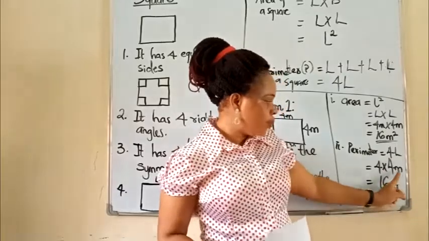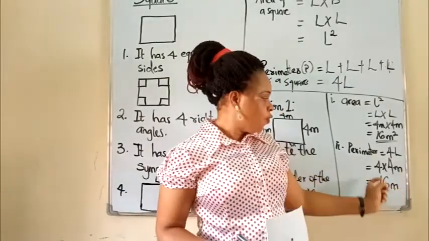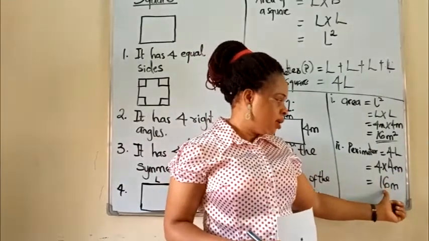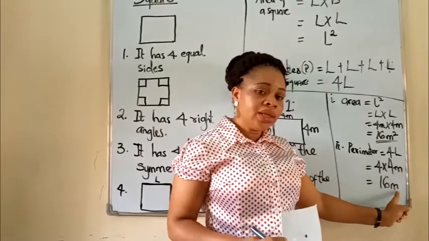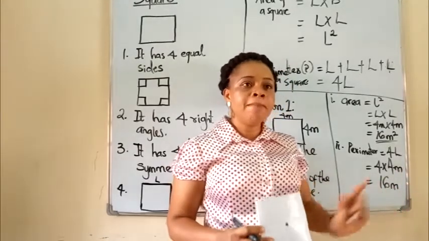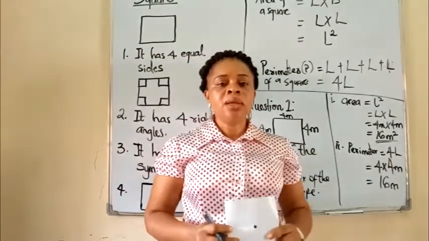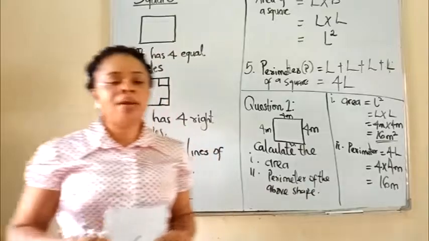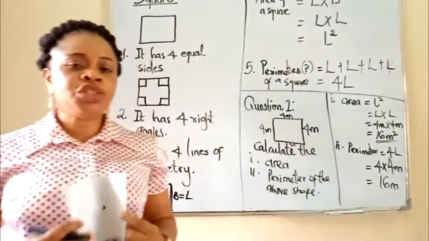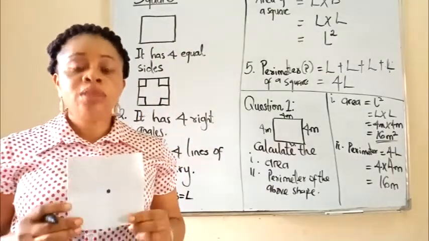But here we just have 1m. So 4 times 4 is 16, and m, bringing it down, becomes 16 meters.